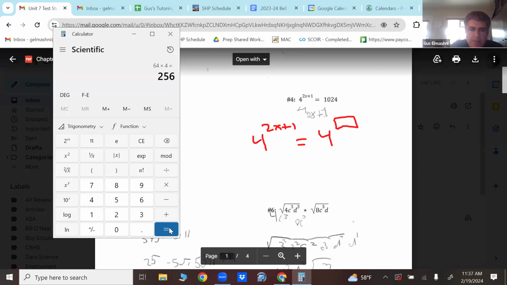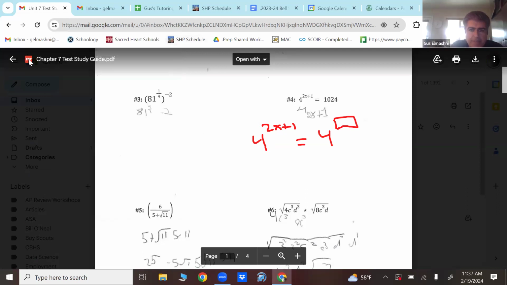That's 3, 4, 5. So it looks like you've got to do 5 times. So 2x plus 1 equals 5. 2x equals 4. x equals 2.